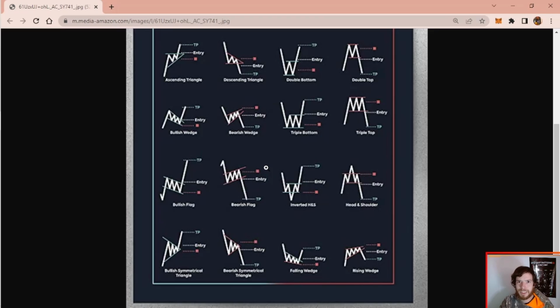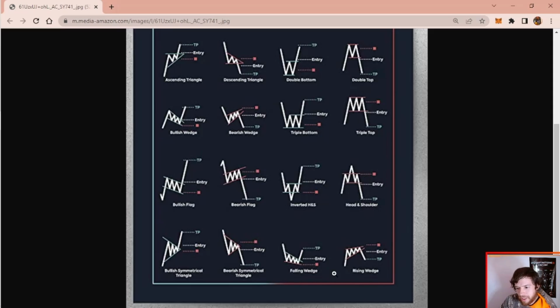But if it's not a slanted one, usually those 2 lows are right around the same point. And then you take your neckline down to your head, and you'd measure that to the top of your neckline for your take profit level. Your stop loss would be just below those shoulders, or above the shoulders if you're doing a short.